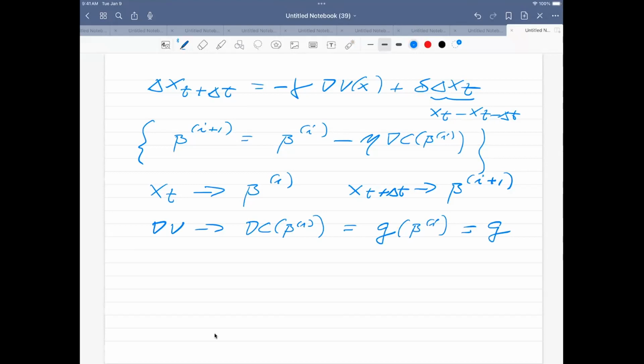Okay. So what we have then is an iteration now, which we can rewrite as follows. So we can have beta of i plus 1 is equal to beta of i, and then minus this parameter eta, which is now going to play the same role as this gamma, but just another name for it. And this is multiplied with the gradient. And I just drop this beta of i term. And then there is a new term here, which goes like plus delta times beta of i minus beta of i minus 1.